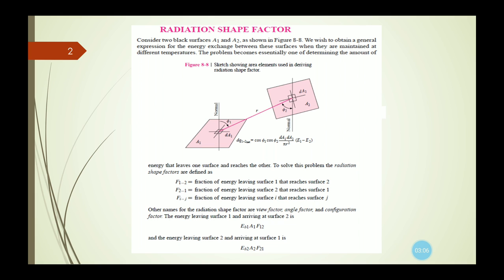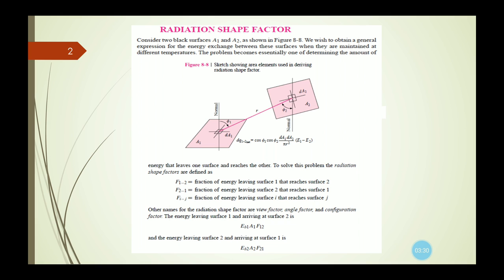So four more different names are also there for this shape factor. Now the energy leaving surface 1, that means A1, and arriving at surface 2, can be written as EB1 A1 F12. This is the formula for that.